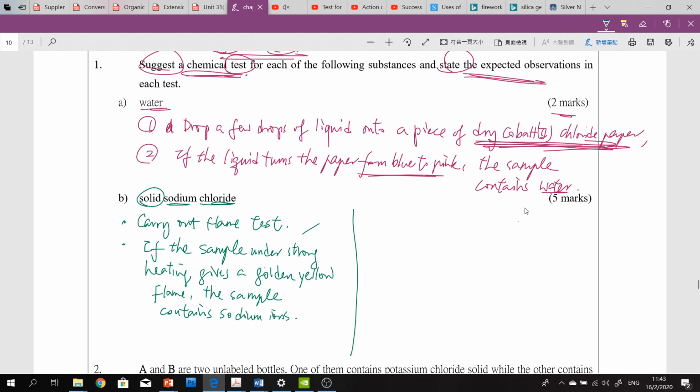So 2 marks, 1 mark for here, 1 mark for here. Remember, you are going to look for some terms. First of all, flame test. Second, golden yellow flame, sodium ions. So this is what I would like to look for.